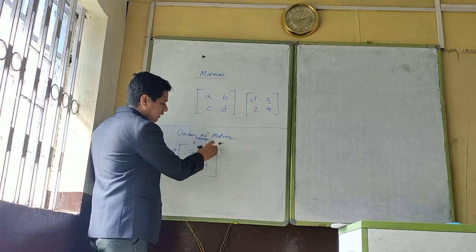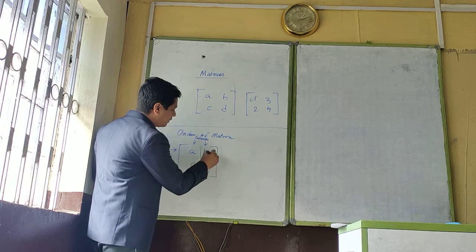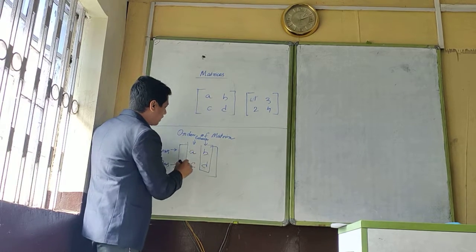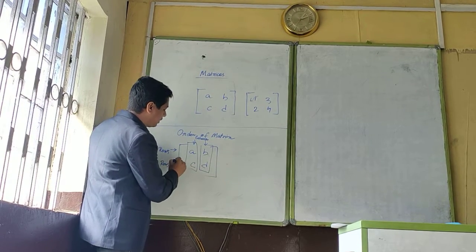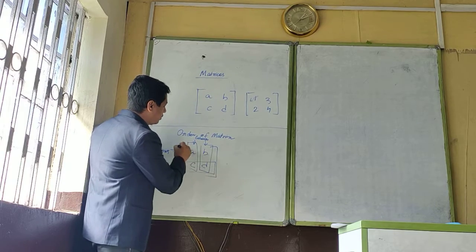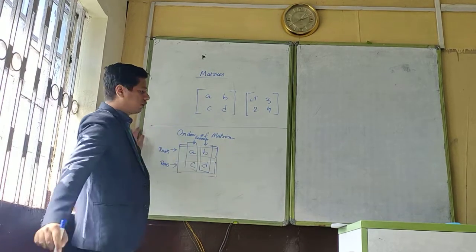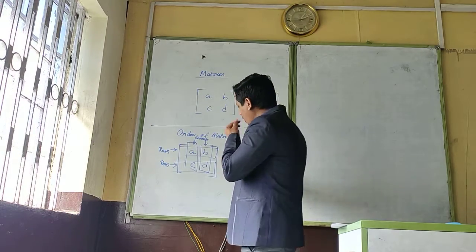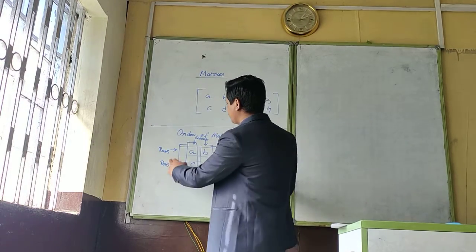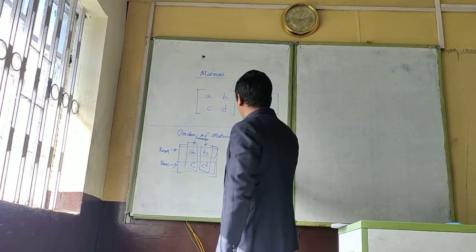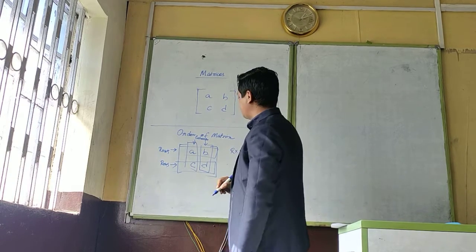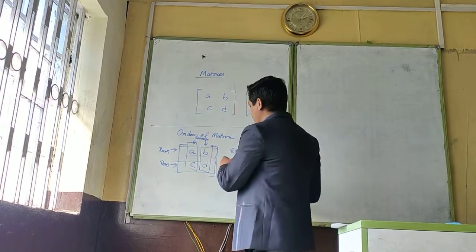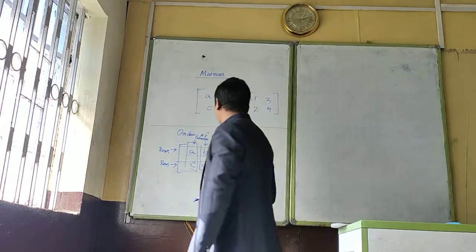When I am seeing it vertically, these are the columns, and when I am seeing them horizontally, these are the rows. In order to know the order of a matrix, we simply use one formula. We can say R into C, that is number of rows into number of columns.